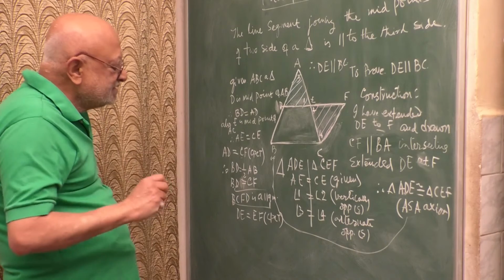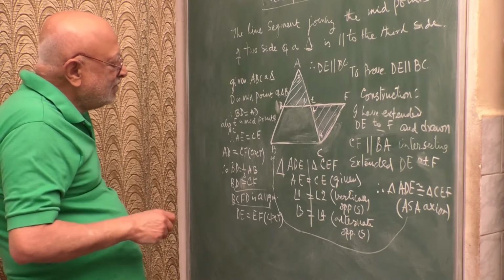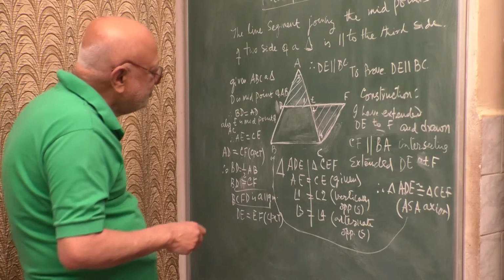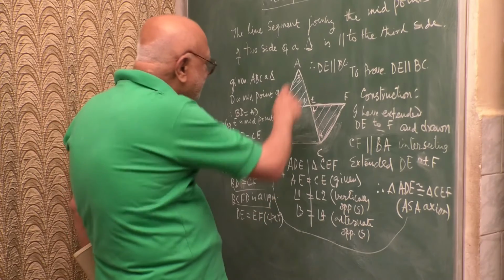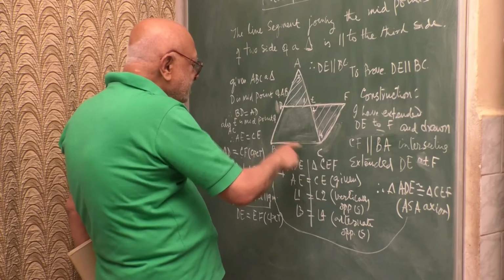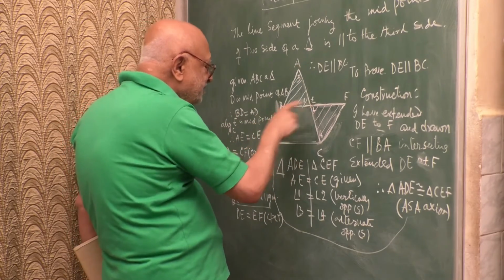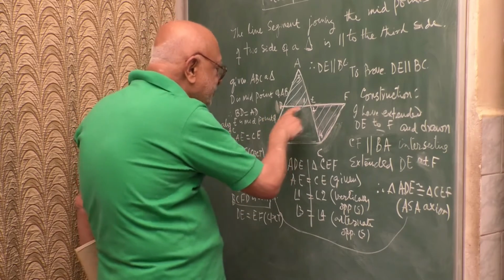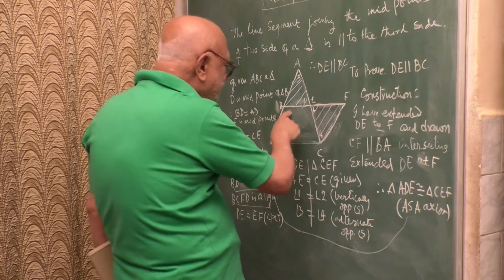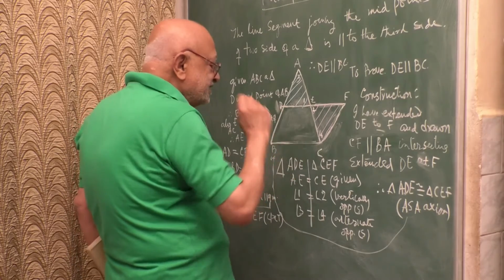Let me explain the whole thing. We first had this triangle. D and E are the midpoints. They are joined together and we have to prove DE is parallel to BC.